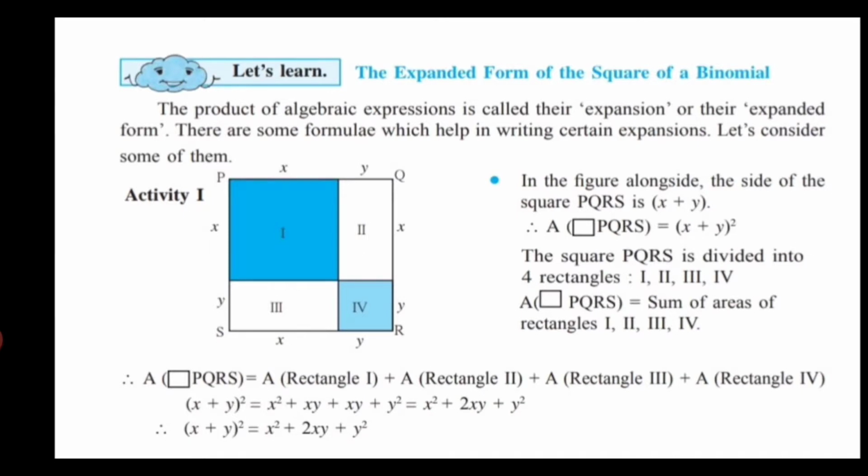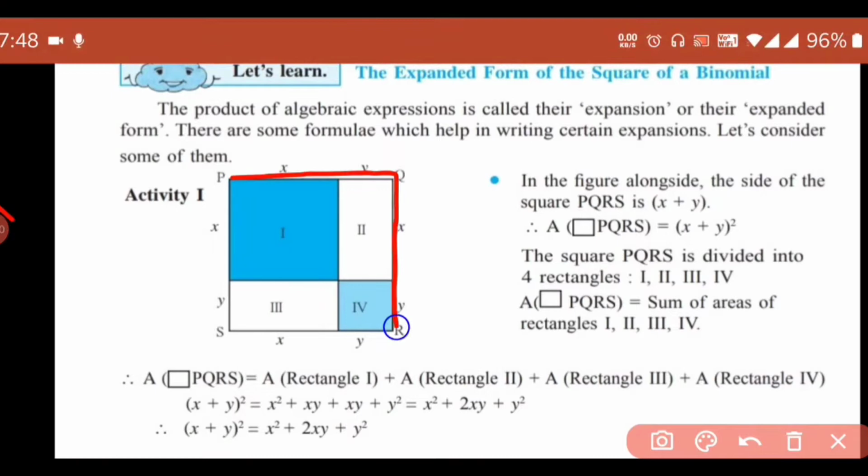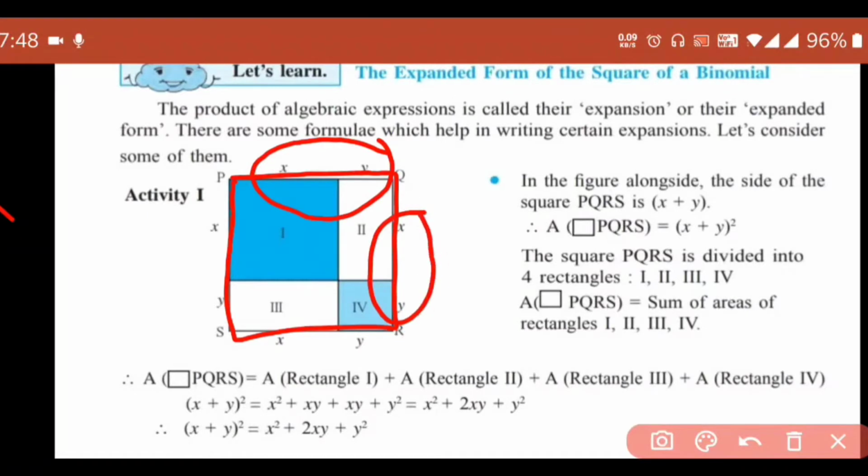Activity 1. In the figure alongside, the side of square PQRS is x plus y. See children, when you observe the side of this square PQRS, it is x plus y. Correct? Everywhere you can see the side is x plus y.